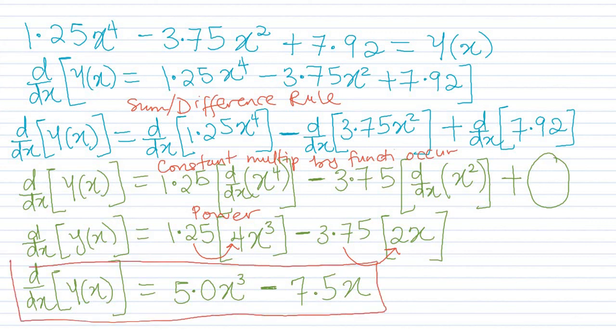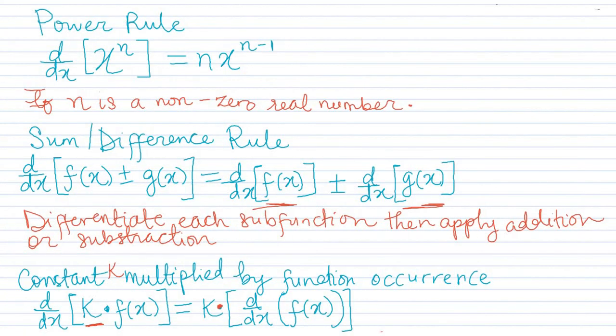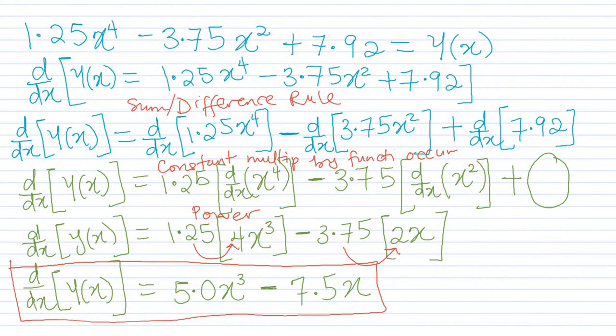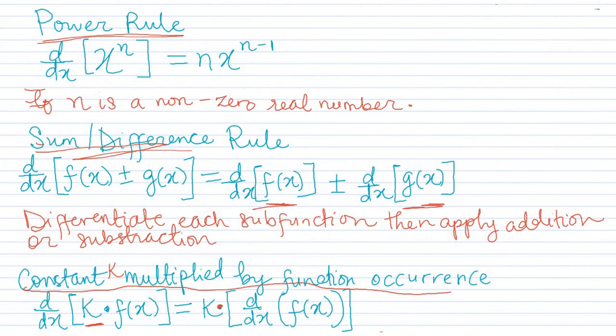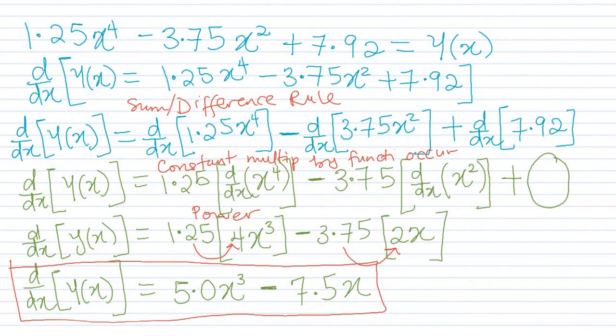You can see the thing we worked on. We did the power rule here, sum/difference rule, and then constant multiplied by function. When we applied it, we first of all used the sum/difference rule to break it down. Then we did the constant multiplied by function. Then we also did the power rule, and whenever we did the power rule, we just multiplied by the coefficient.